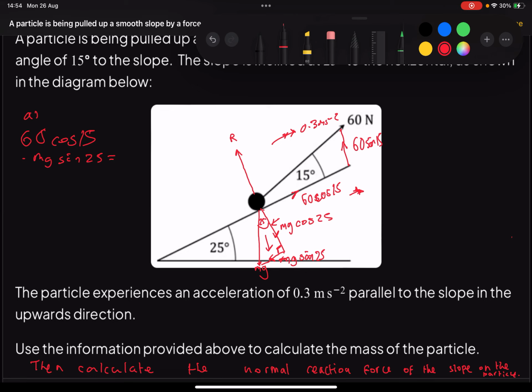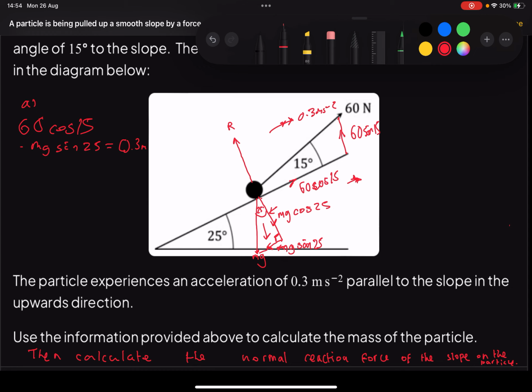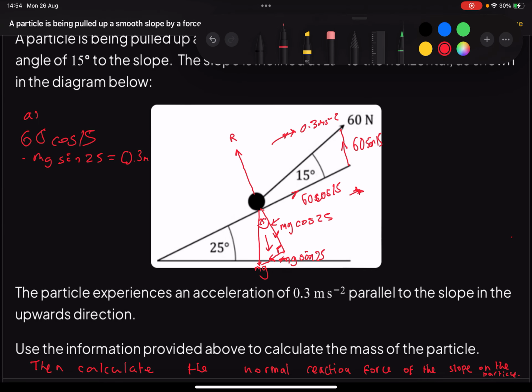We know the acceleration is 0.3. I don't know the mass, so it's m. Now let's put all the m variables on one side.